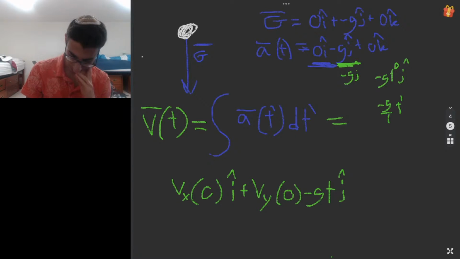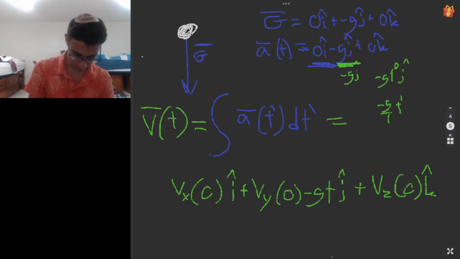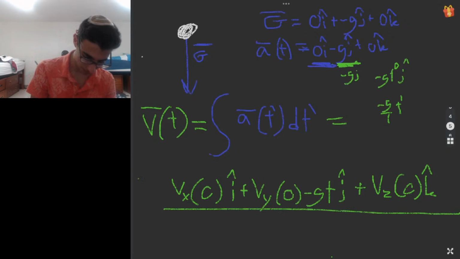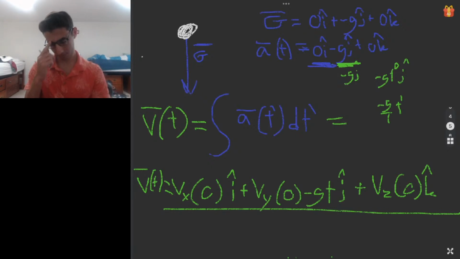And then it's this plus the constant in the z direction, v sub z of 0 with a k hat. And this is an equation for our velocity. So now we have it.